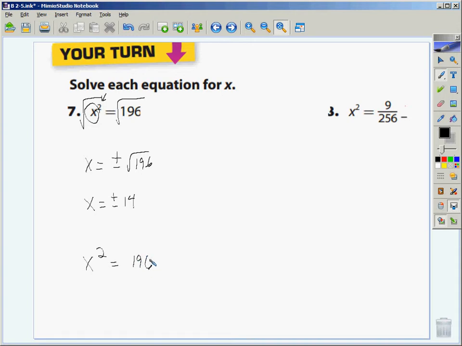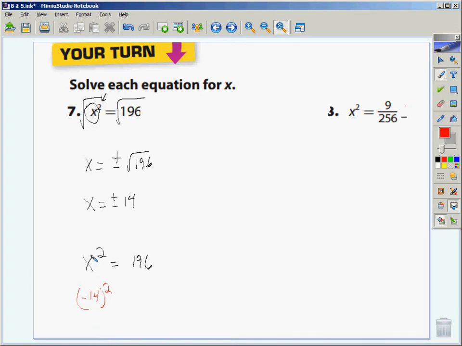And the reason it works out this way, and please don't get confused by this today when you go to take your mastery test. If I actually put a negative 14 in here and square it, it's going to be a positive when it comes out, because a negative times a negative is going to make a positive.